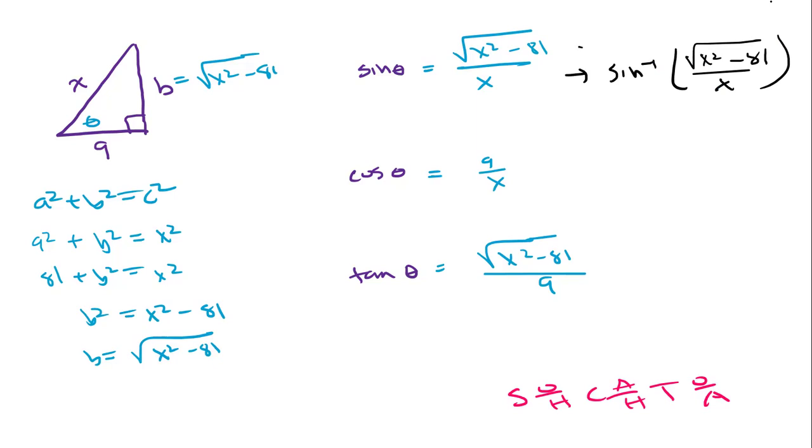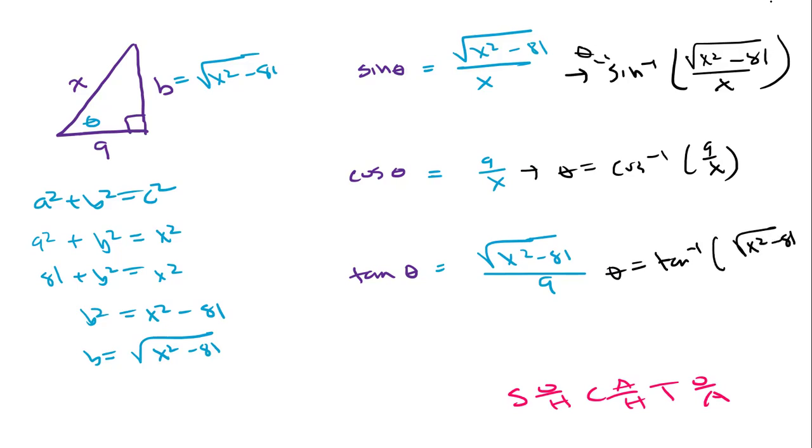Okay. Again, this is theta. Theta is equal to that. This one here, theta is going to equal the inverse cosine of 9 over x, and this theta will be the inverse tangent of the square root of x squared minus 81 over 9.